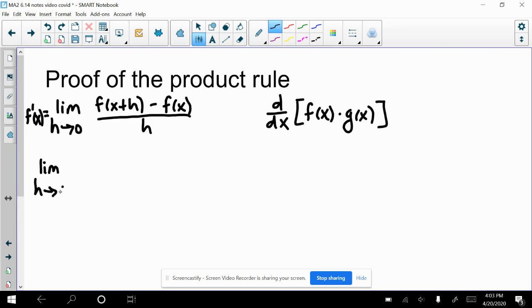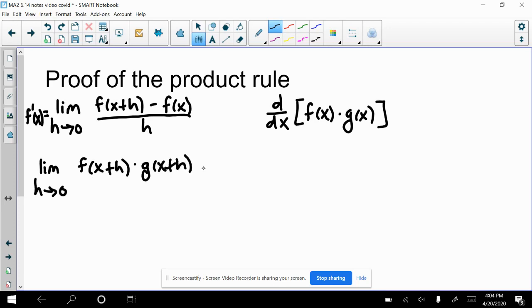So that would be the limit as h approaches 0. Okay, so now my function is f of x times g of x. So when I evaluate that at x plus h, I just plug an x plus h into this x and an x plus h into this x. So I would get f of x plus h multiplied by g of x plus h.